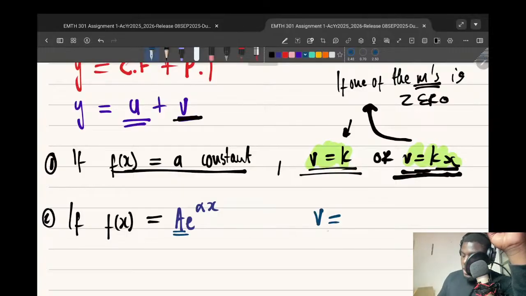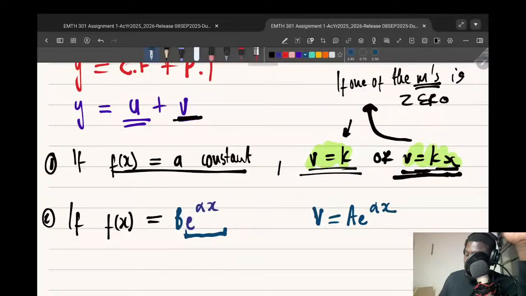So if it is an a, you are going to put something else. Maybe we can say it is, let's just call it b e. So for your v, you put an a, but you bring back this part exactly the same, so it'll be e to the alpha x again. But now you just have to find your a, because it will not be the same number as the one that is there.